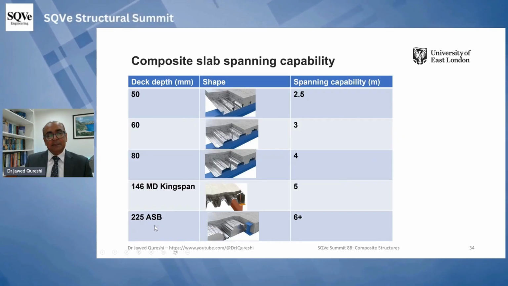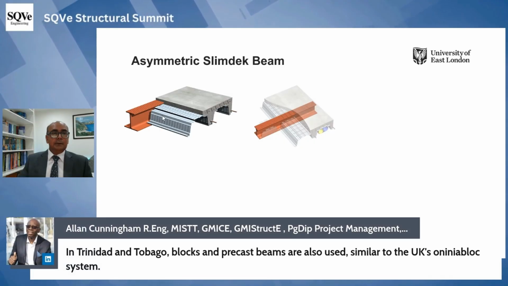And ASB is a slim floor deck where you can see that the decking is inside the bottom flange of the beam. It is 6 meter plus. What is an asymmetric slim deck beam? Here the decking rests on the bottom flange, and then we pour concrete and do everything else.